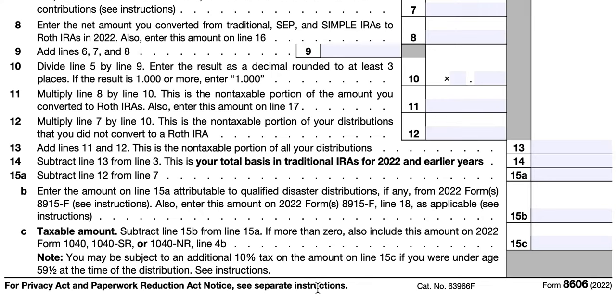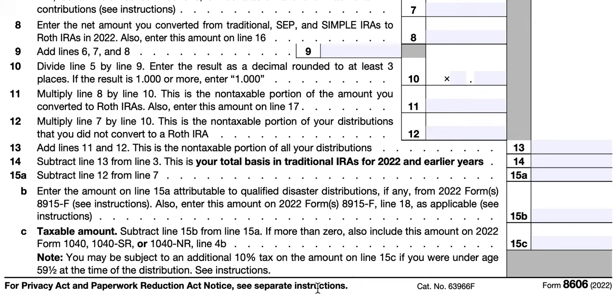For most people that don't have qualified disaster distributions, 15C will be identical to line 15A. If this amount is more than 0, you'll also include this amount on your 1040, 1040-SR, or 1040-NR on line 4B.